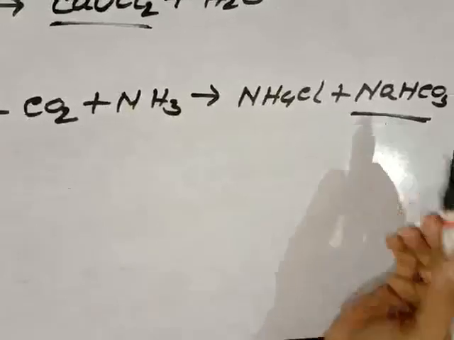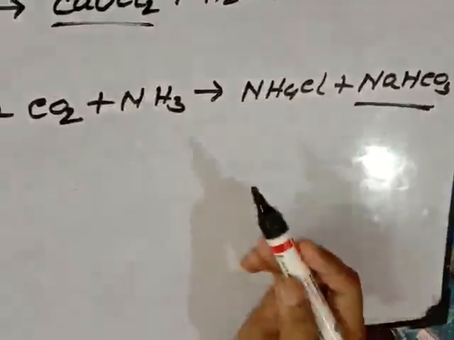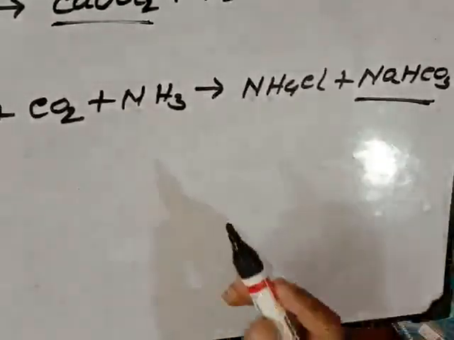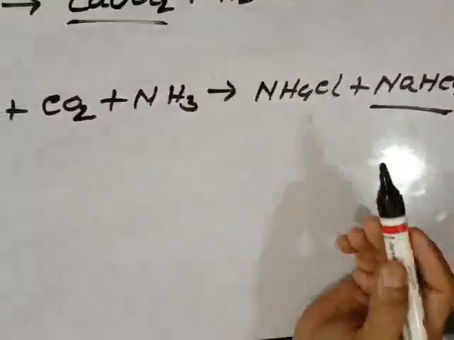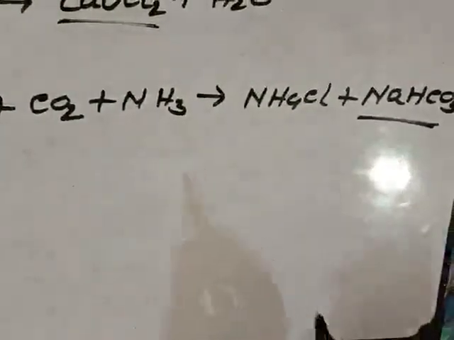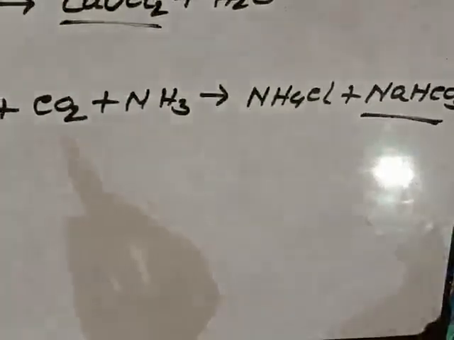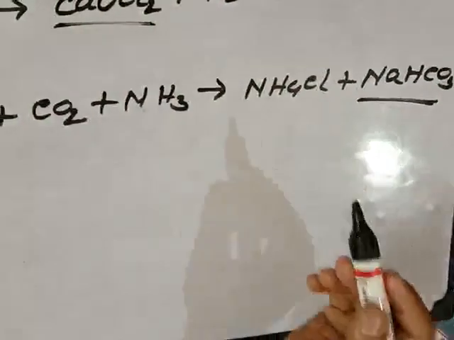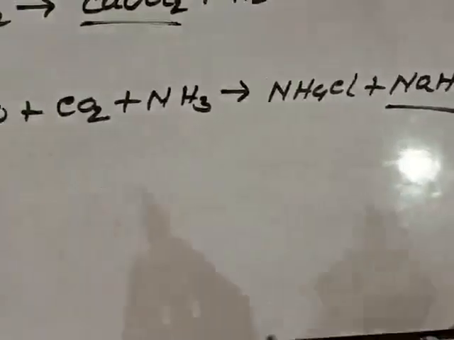The main raw component of ENO powder is baking soda only. So you can take one pinch of baking soda with water, and you will get relief from acidity.